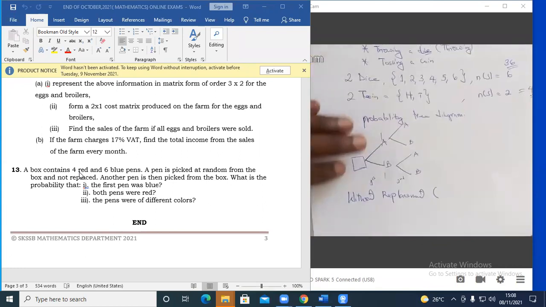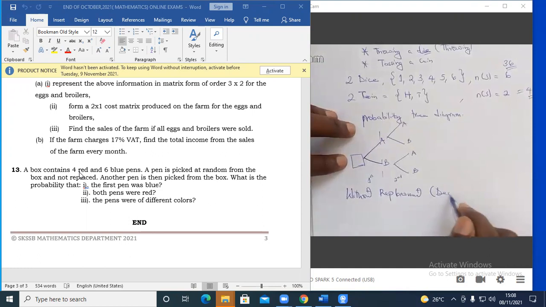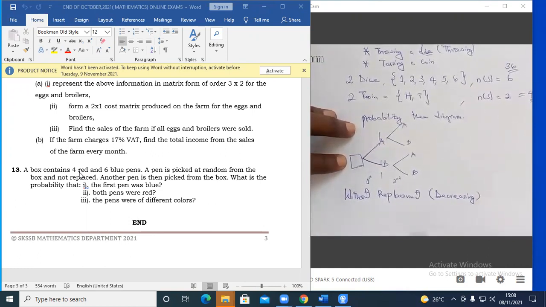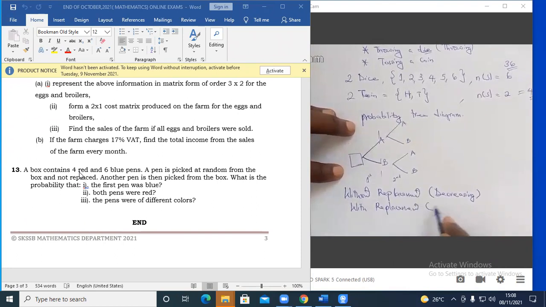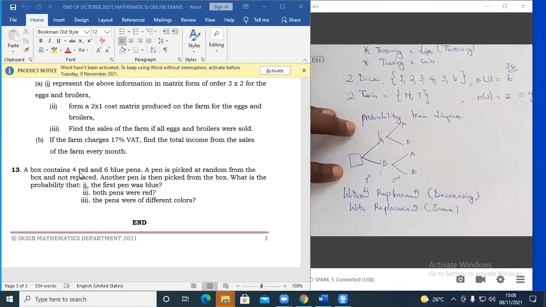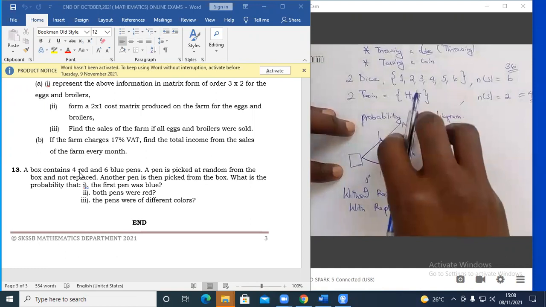What happens during without replacement? The number of items keeps on decreasing. With replacement, the number of items remains the same.